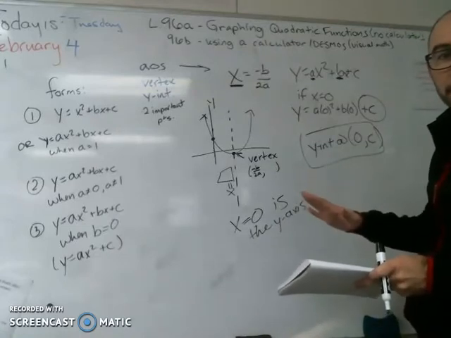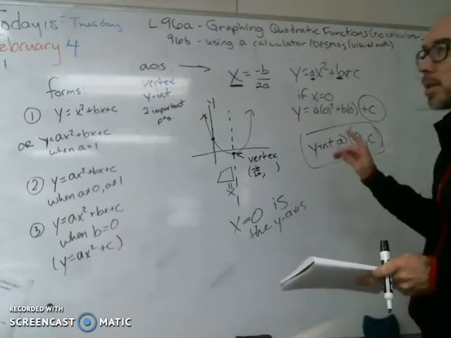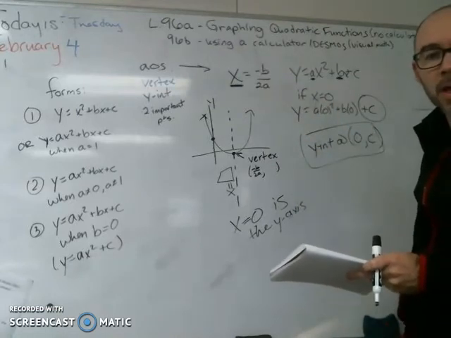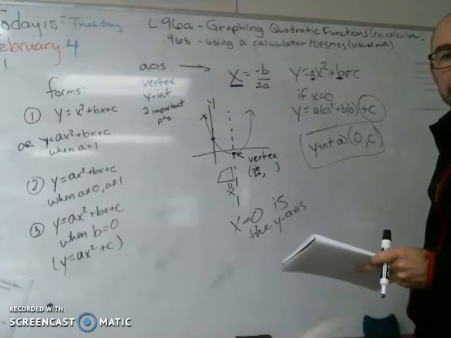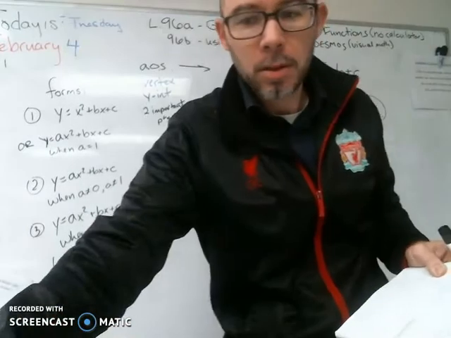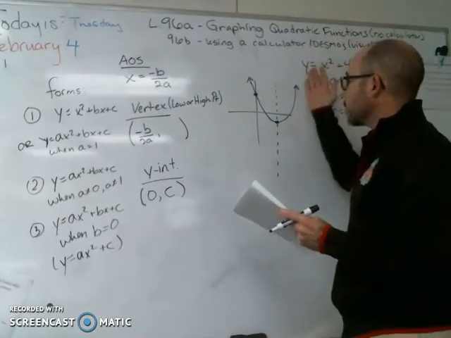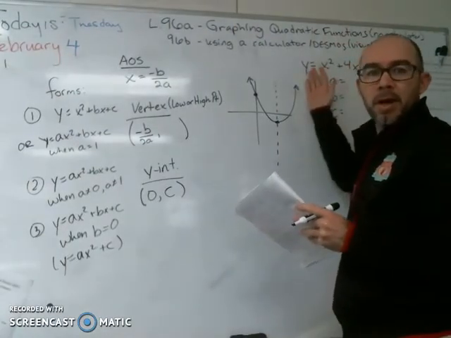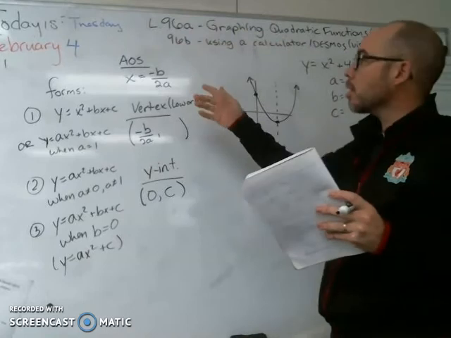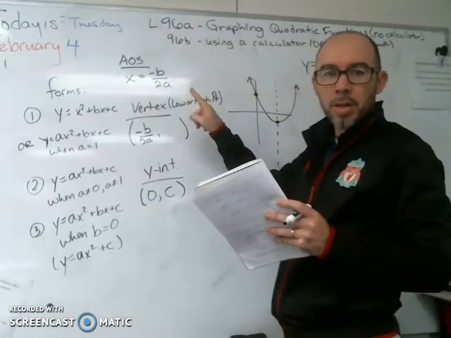I'm going to clear the board, and then we're going to work a few problems out and look at these few things right here. Okay, here we go. I got my generalized picture right here. I copied the information over here. I got my formula for the axis of symmetry.